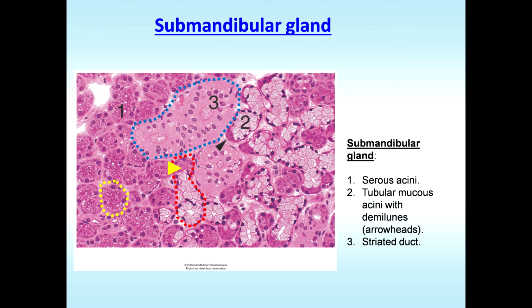You can observe that at the top of the tubular structure we can see a well-stained set of cells. That is the demilune with the serous secretion. Down the tube we can see that the majority of the cells have very poor staining. These are the mucus-secreting cells.